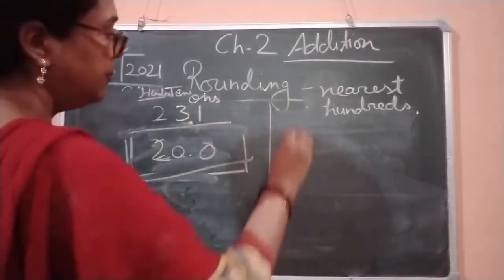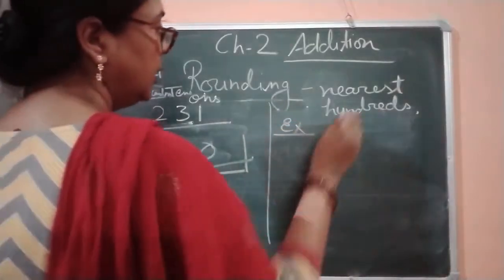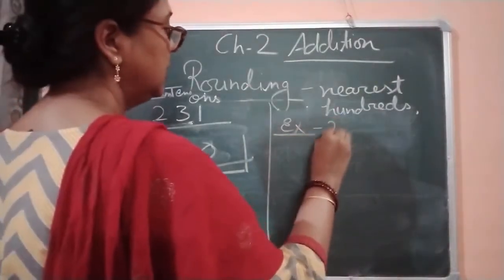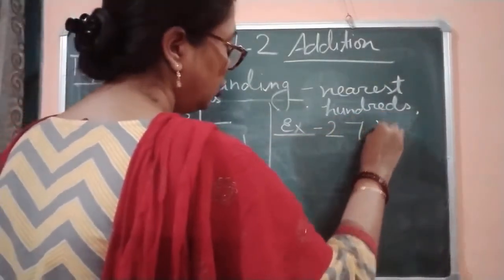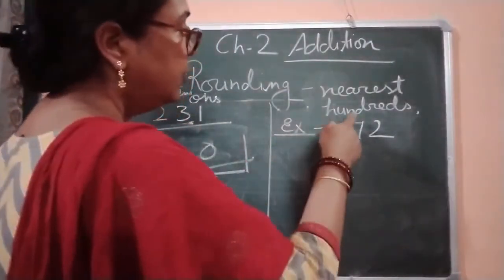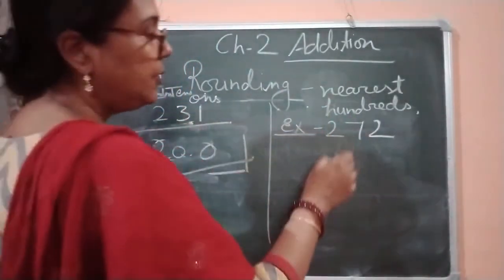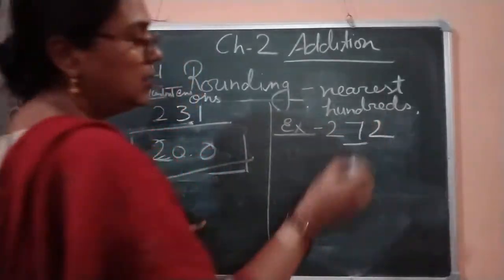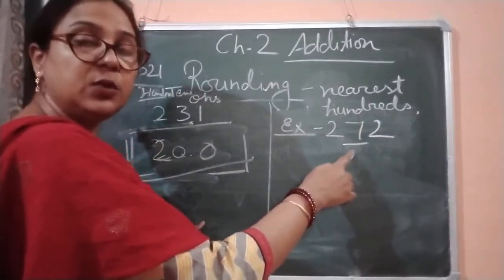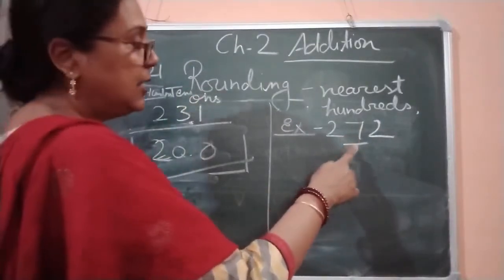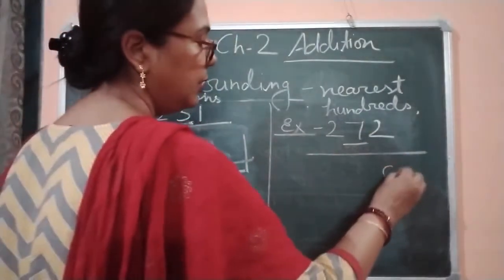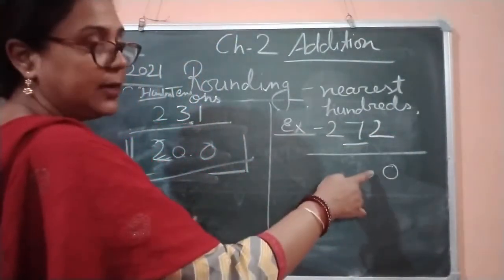Now the next example of making hundreds, nearest hundred, how to round up the number. So suppose this is 272. Okay. Now first we will see we have to round off to the nearest hundred. So first we will say nearest hundred is 7. So now here you can see at tens place 7 is there. So this is a strong number. So that is why, rounding this number, we will write at the ones place 0.